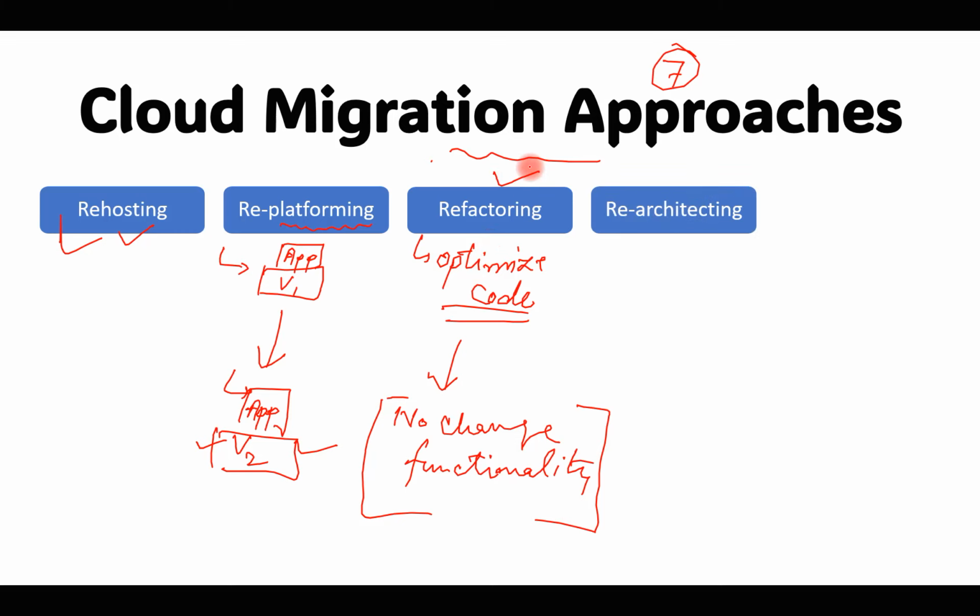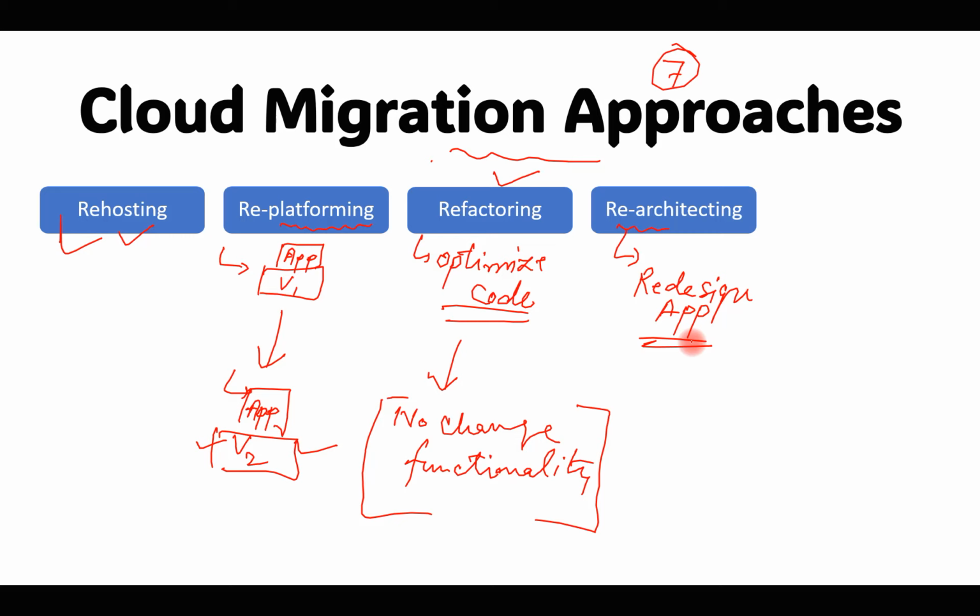Next approach we have is re-architecting. That means we need to completely restructure the application to take full advantage of the cloud environment. So we need to redesign the application architecture.